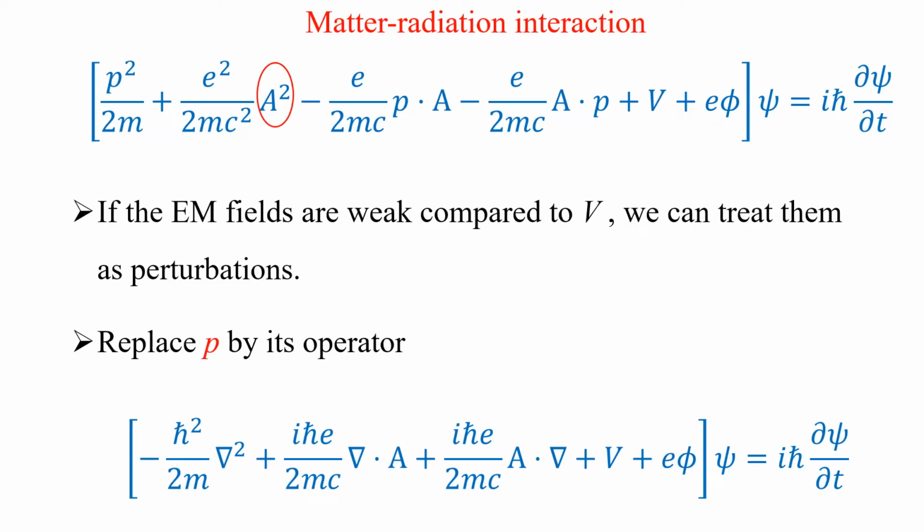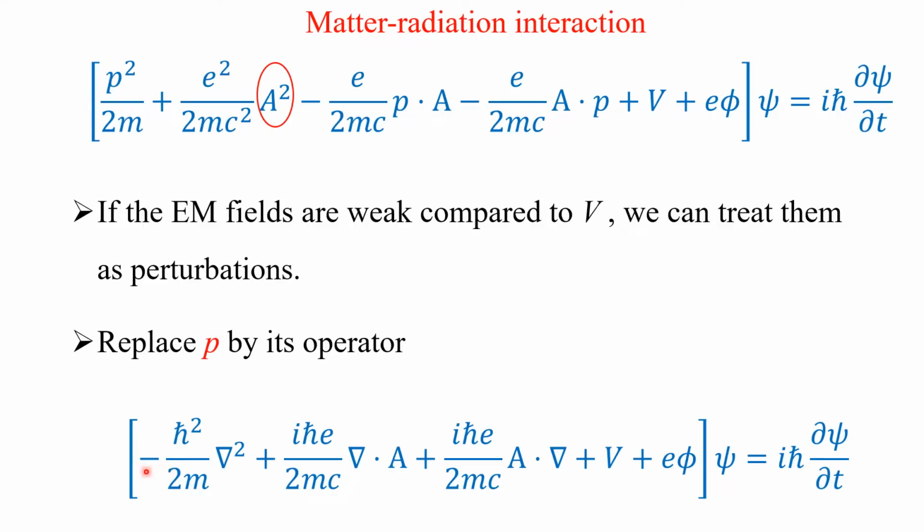Now we got this expression. Since the electromagnetic fields are weak compared to the potential, A is small, so A squared will be very small, and you can ignore the second term and keep all other terms. Also replace P by its operator. Here P is −iħ∇.